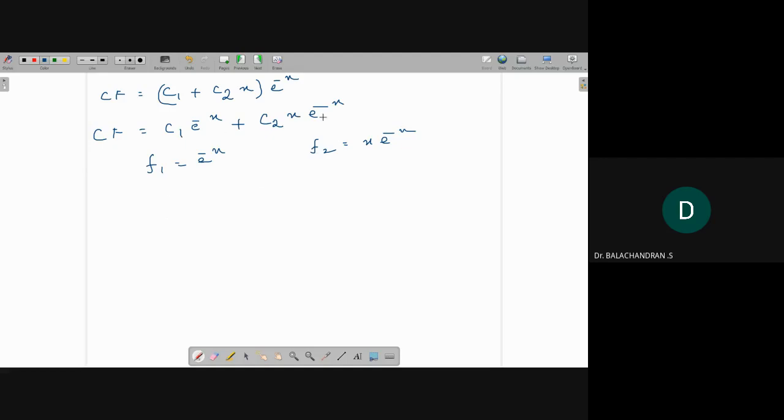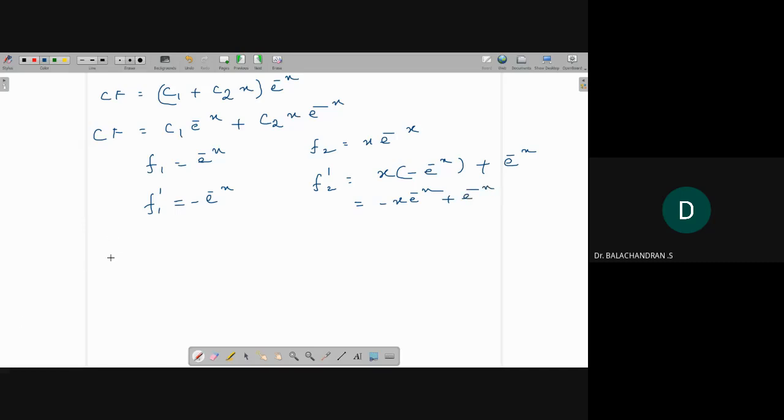As usual, you should find f1 dash, that is equal to minus e power minus x. For f2 dash, use the UV method. Keep x, and if you differentiate e power minus x you get minus e power minus x, plus e power minus x. So f2 dash equal to minus x into e power minus x plus e power minus x.